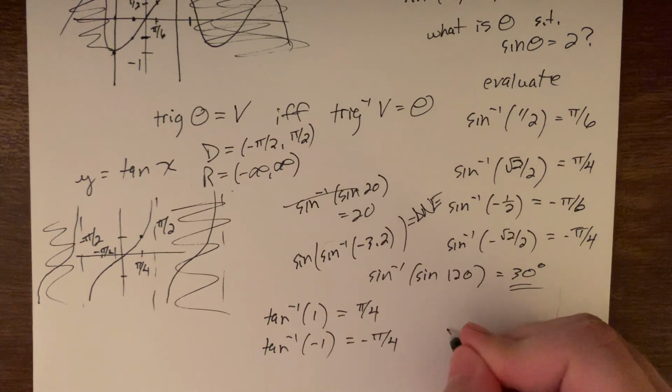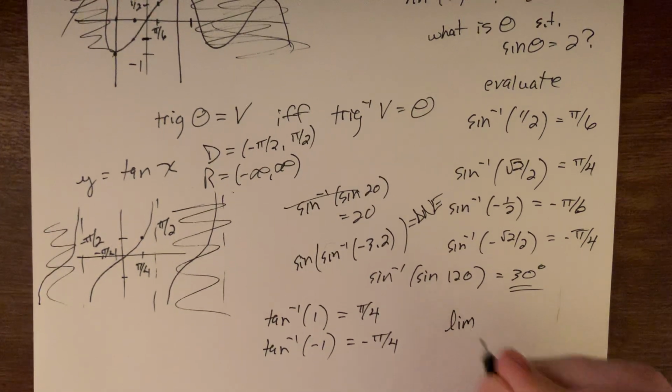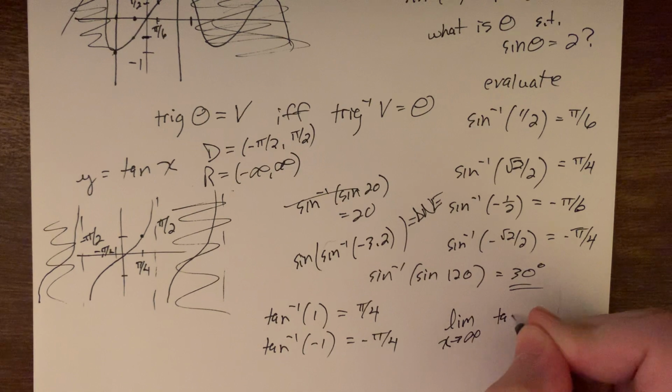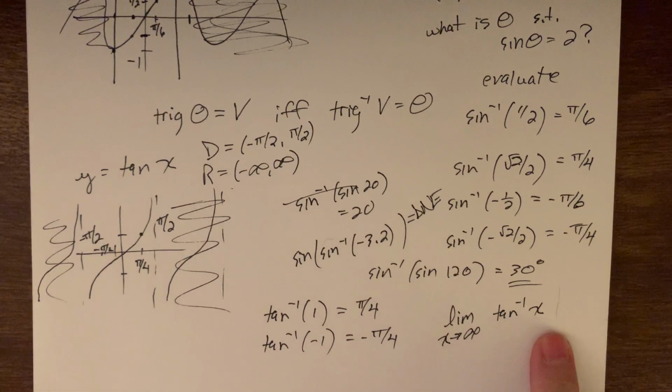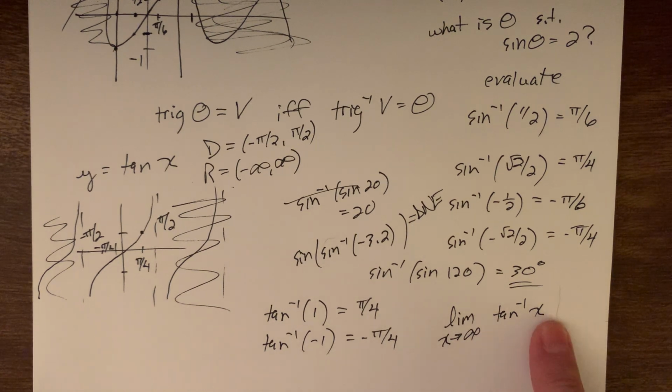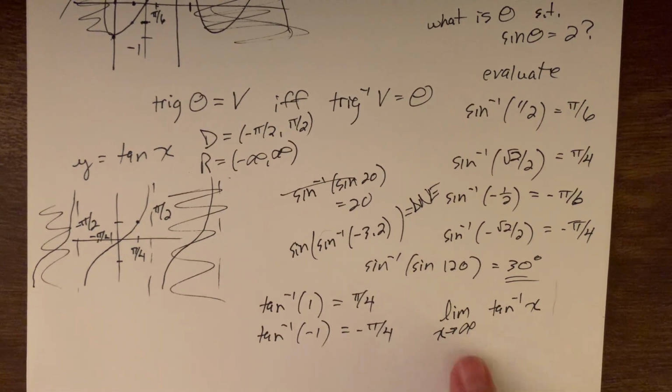So again, back to here, tangent of 1, that all works fine. What if I had the limit as x approaches infinity of inverse tan x? I can't ask you what is inverse tan of infinity, but this is where a limit comes up. So we still have to do that same inverse thinking. What is the angle where the y value in tangent goes to infinity?